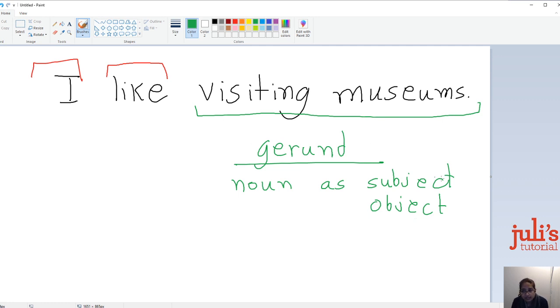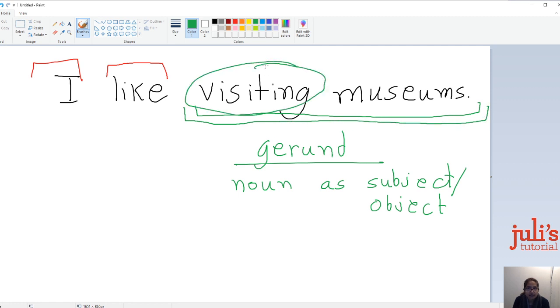So it can work as either, and in this one it is working directly as the object, and visiting is my gerund, because it's working as a noun. What do I like? I like visiting museums.